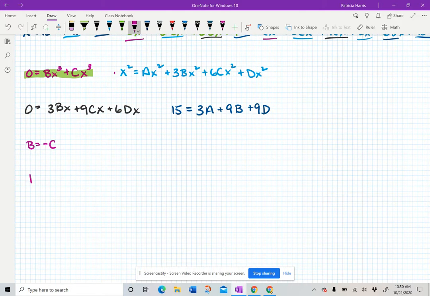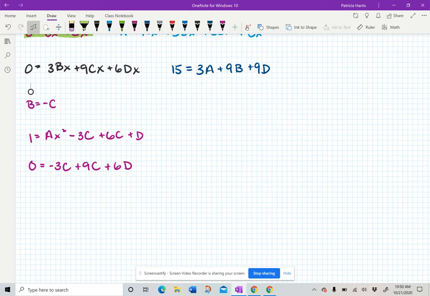So it's going to be 1 is equal to A minus 3C, because B is equal to negative C, plus 6C plus D. And then on this one, which equals 0, again I'm going to divide out all my x's. B equals negative C.